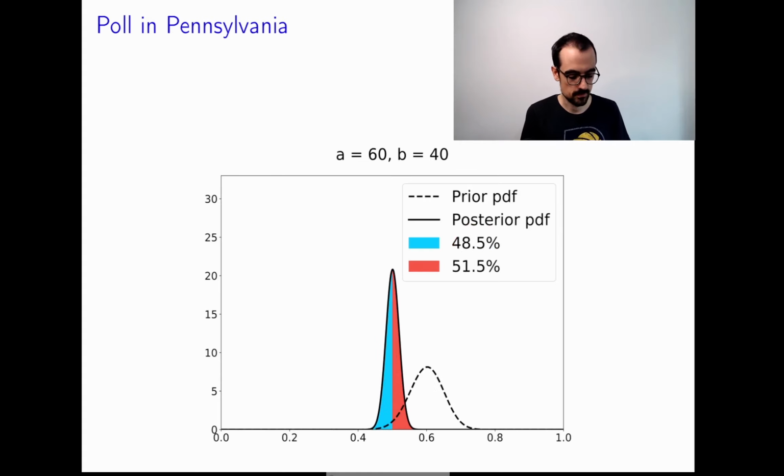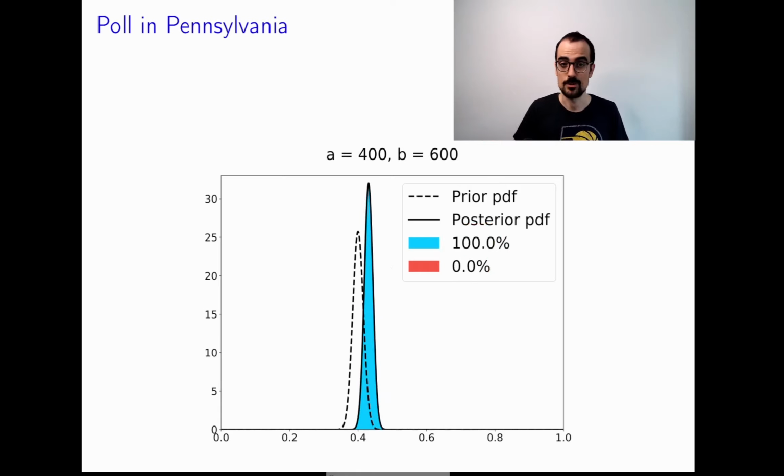If we're pretty sure that Trump is actually favored in Pennsylvania, which is represented by this prior that is more peaked around 60%, then the poll would tell us, don't be so sure, it's actually going to be very, very close according to this data and according to your prior. If I put the data and the prior together, it's going to be pretty close under the assumptions of this model.